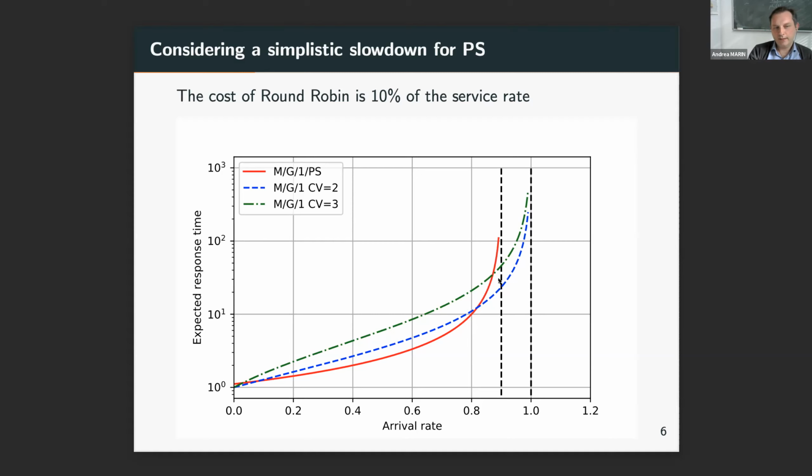In this case, it's clear that the M/G/1 PS system becomes convenient in a certain operating region of the queue, so in low and moderate regimes, but on heavy load, we prefer to avoid the cost of the context switch and resort to a first come, first served discipline. So this is an oversimplified intuition of what is going on in this work.